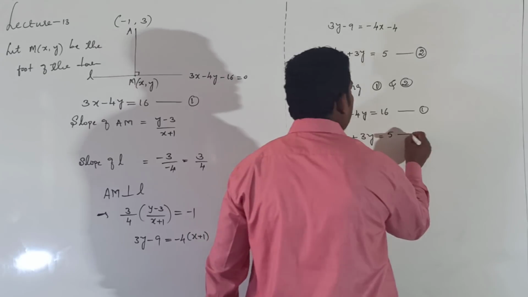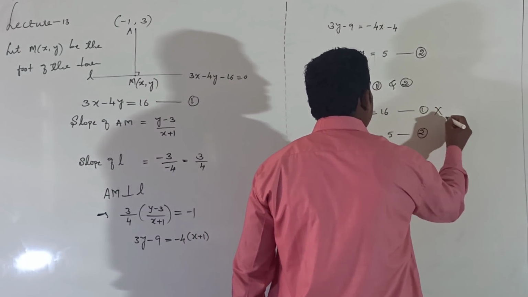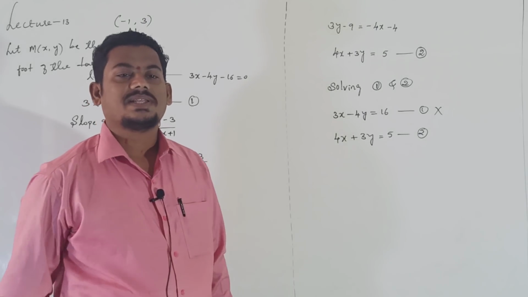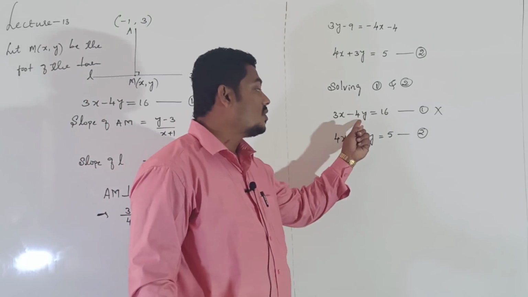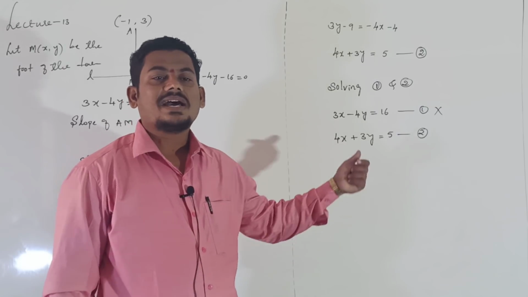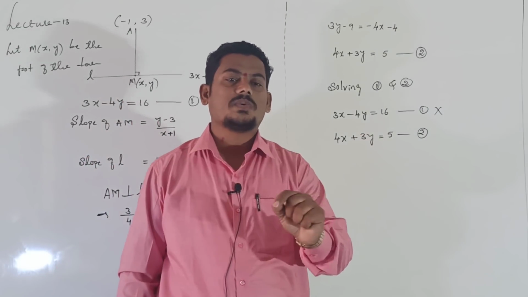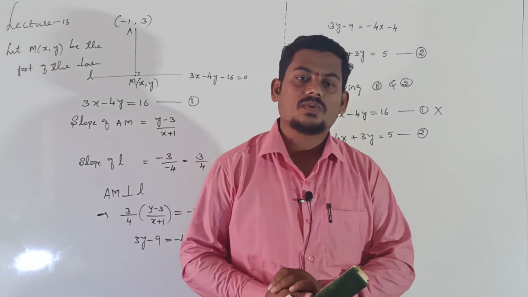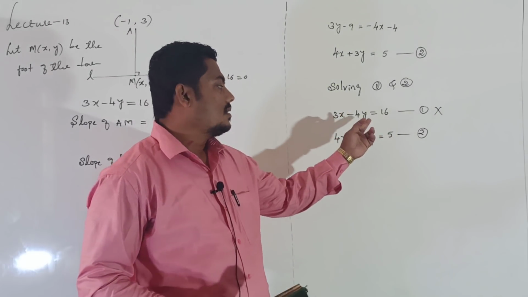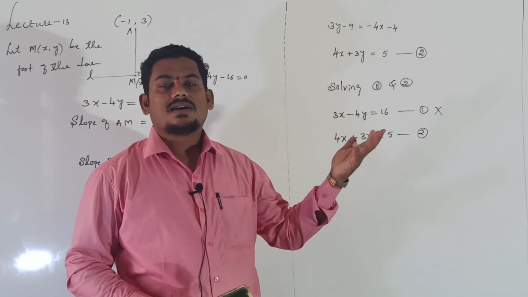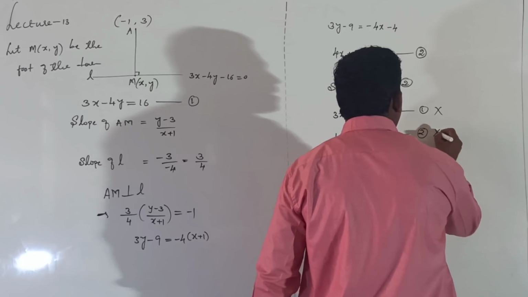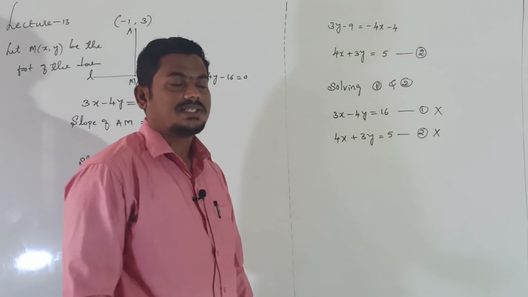Now just solve these two equations by equalizing coefficients, or you can use any method. Already you know how to solve linear equations in two variables, by equalizing coefficients, or by elimination, or by cross multiplication, right?